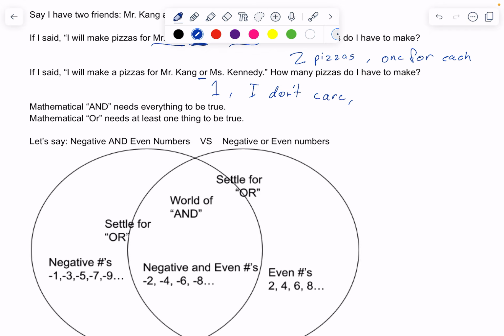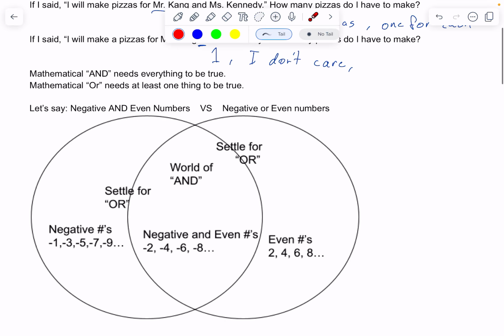You can think of it as mathematically, and needs everything to be true, whereas or just needs at least one thing true. If you remember how Venn diagrams work, it's very much the same concept. If I said negative and even, those are numbers that are going to be negative and even.